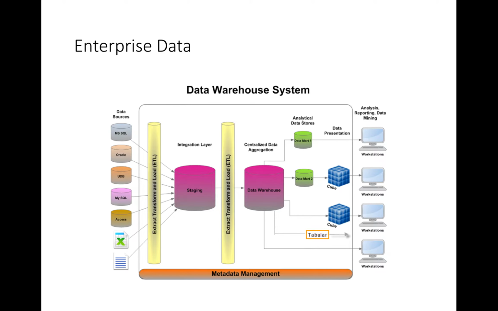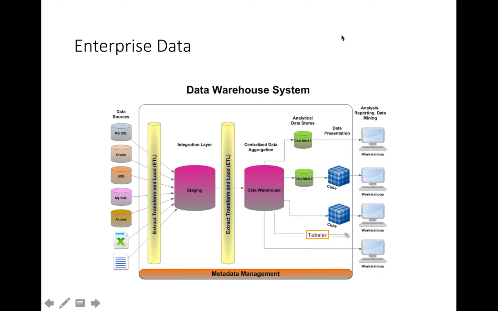So this is how a data warehousing system looks. We get data from a variety of sources like SQL Server, Oracle, DB2, text files, Excel sheets. That data is collected and loaded into our staging area. Staging area is a place where you store the data temporarily, probably for 1 month or so.